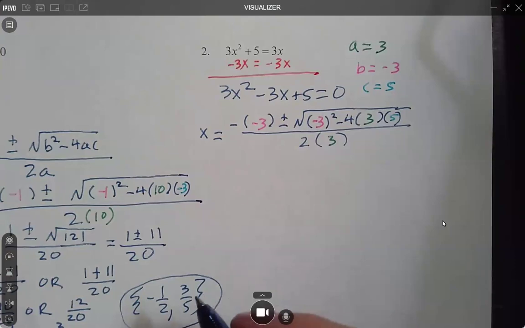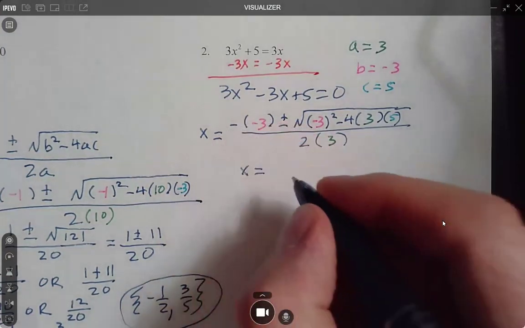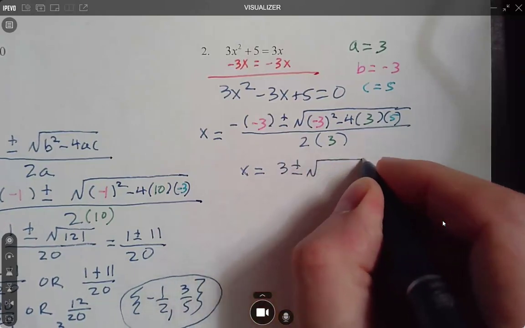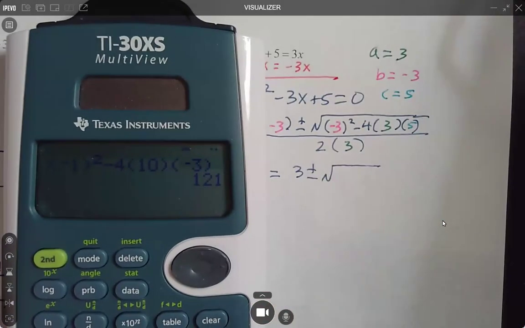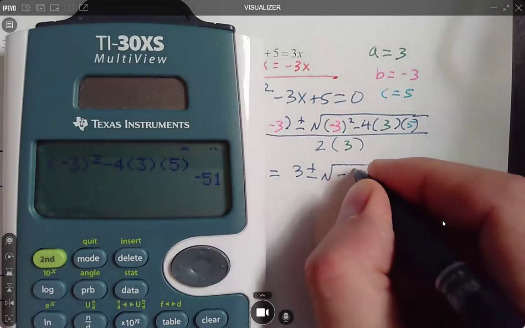So let's start simplifying this. The opposite of -3 is 3. And let's put that part in the calculator. Oh, it's -51.